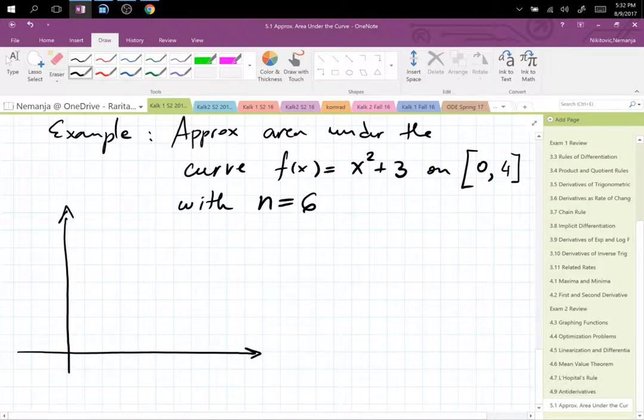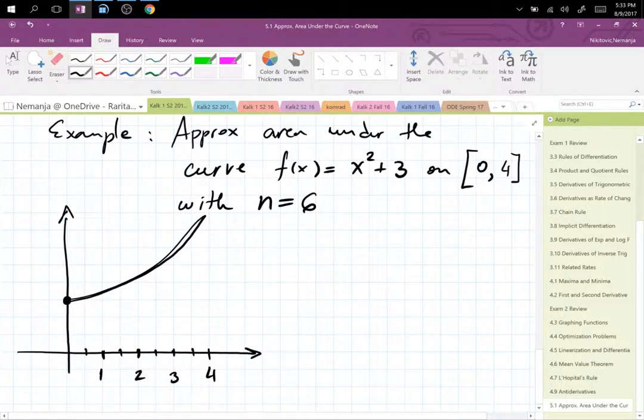N is equal to the number of rectangles. Yes. Each rectangle at 2/3. So I have 1, 2, 3, 4, 5, 6, 7, 8. I'm going to use 8 divisions, so each one is the unit.